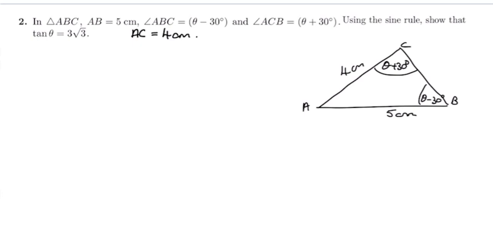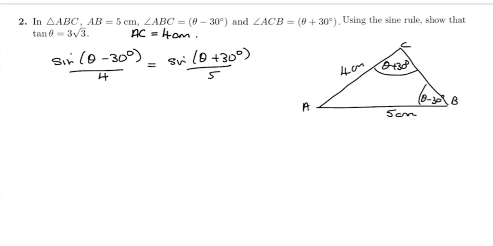So we're going to use the sine rule. Of course what we've got is the sine of theta minus 30 degrees over 4 equals the sine of theta plus 30 degrees over 5. It's just using the sine rule.